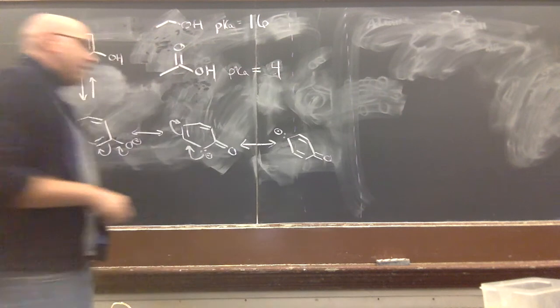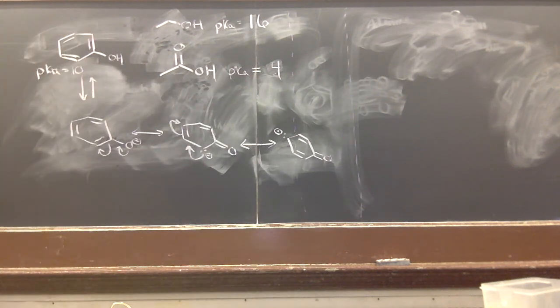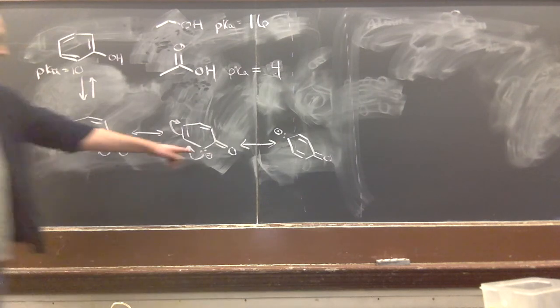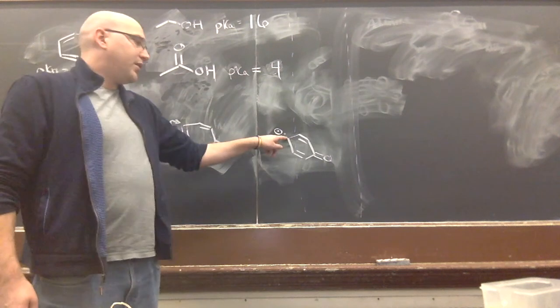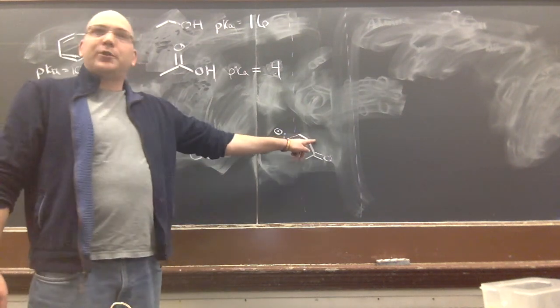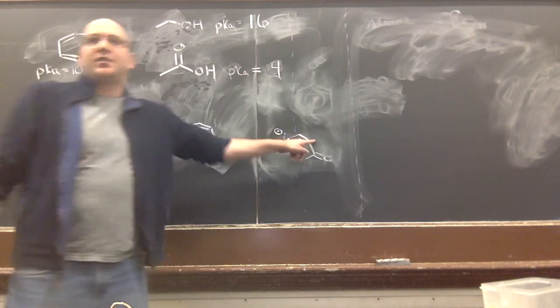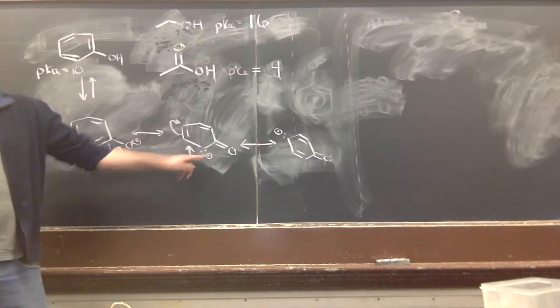And that's that what we really have in terms of additional resonance forms is really only two. We can push the electrons onto this carbon, we can push them onto this carbon, and if we kept going, we'll push them onto this carbon, but this carbon's the same as this carbon here.